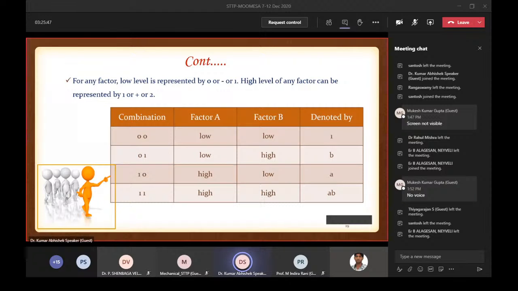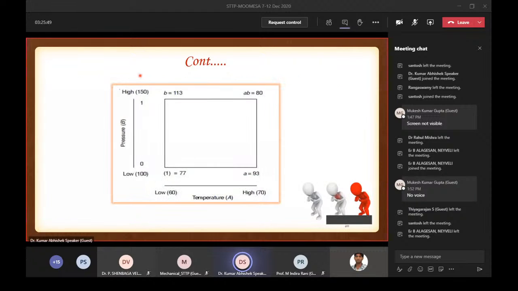If you explain it in the pictorial representation here, this line denotes the temperature A, and this axis denotes the pressure, or you can say B. If you look here, from here to here is from low to high, and this line also indicates low to high.